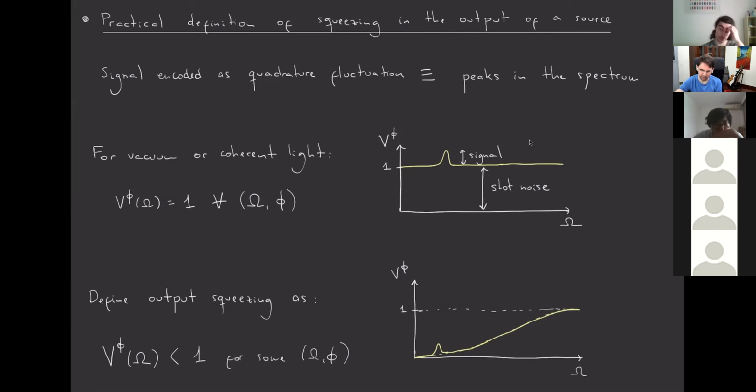So in the absence of signal, the spectrum just looks like this. So it starts at 0, but then it goes towards 1 for large frequencies. But then in the presence of the signal, now the signal is present in here. But now you see that the noise, I cannot even show it. So the noise below the signal is actually very small, which means that if you are able to create this kind of states that have this power spectrum, then the signal to noise ratio improves.